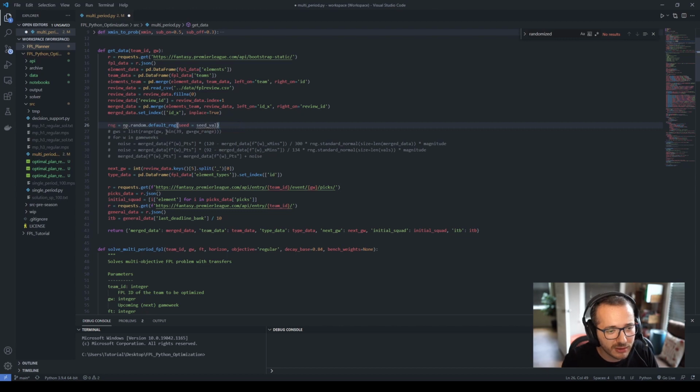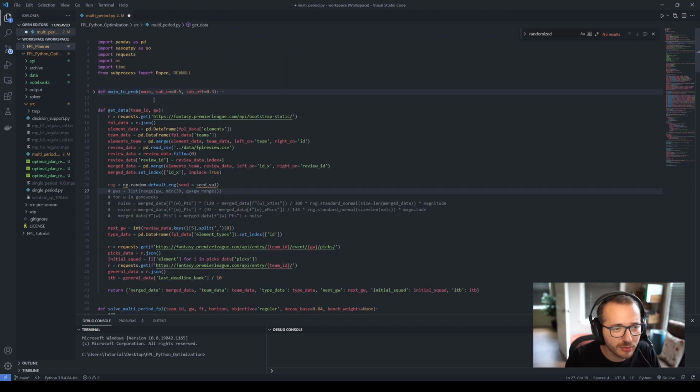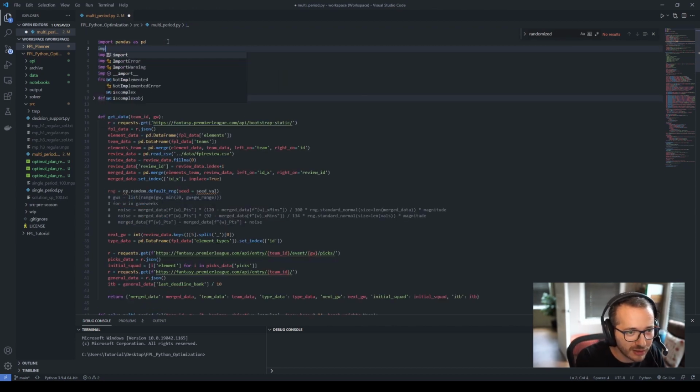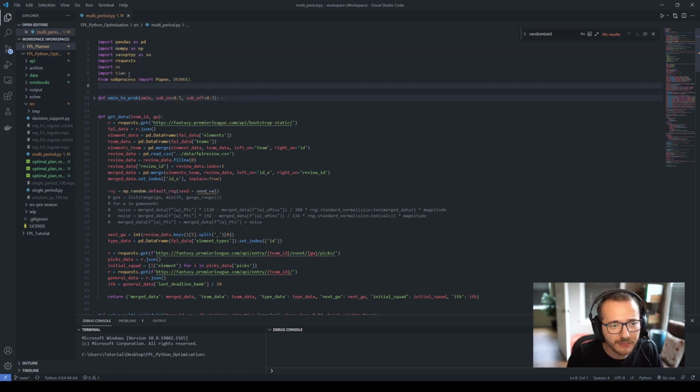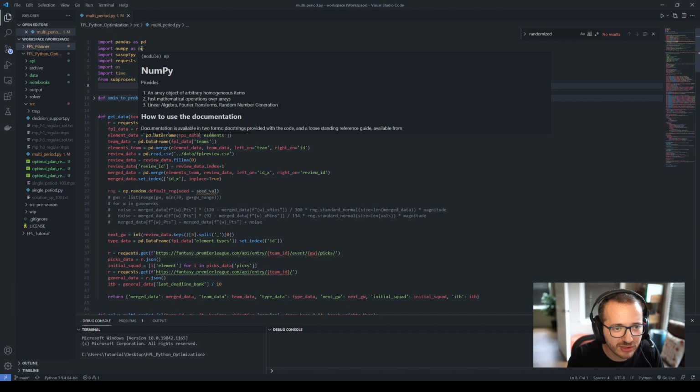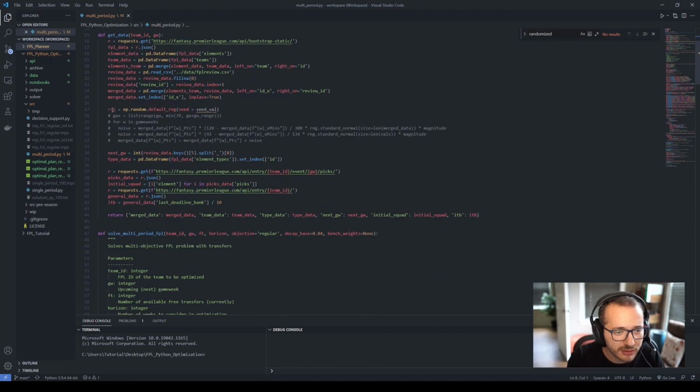Here, first of all, I will import NumPy, so we can get random data, a random sample essentially. And here, RNG, random number generator. I am adding this because I want to send a seed number to the function.